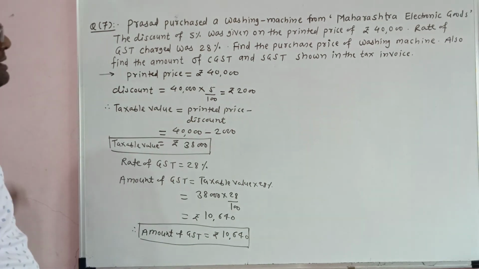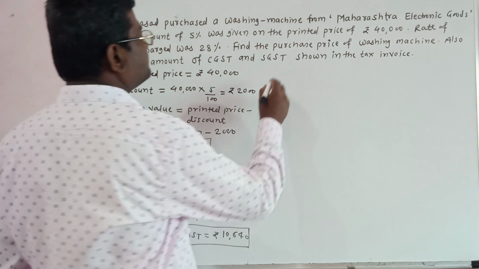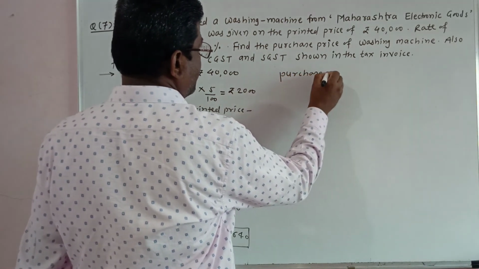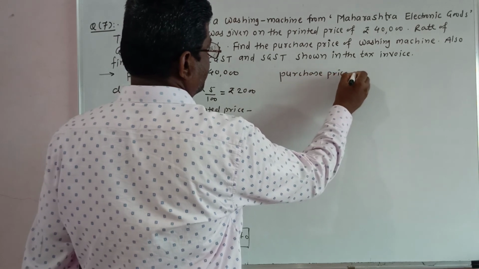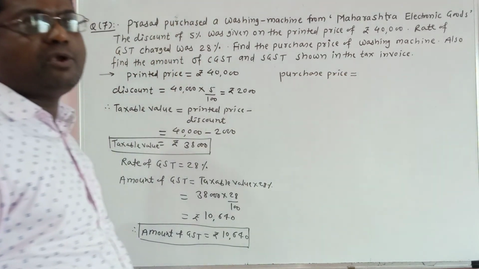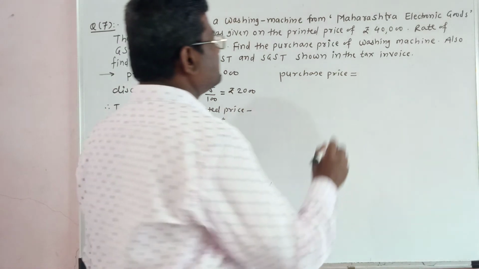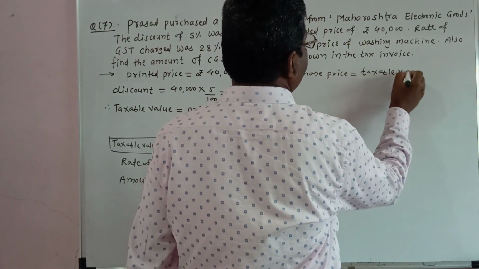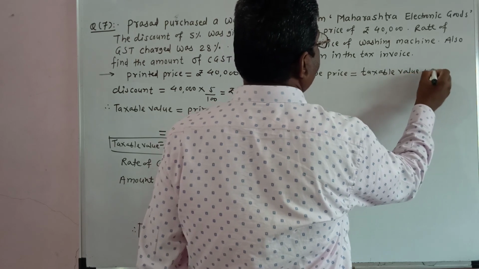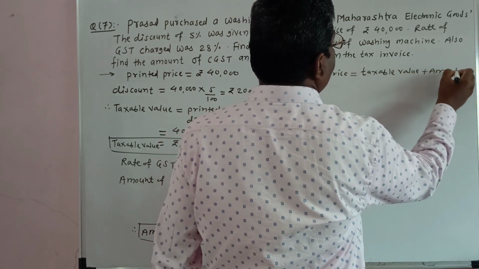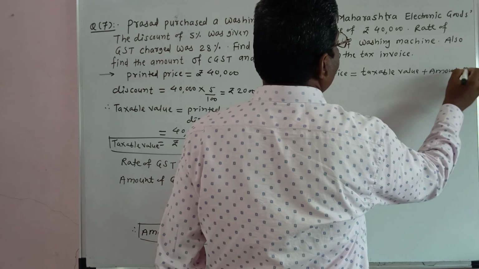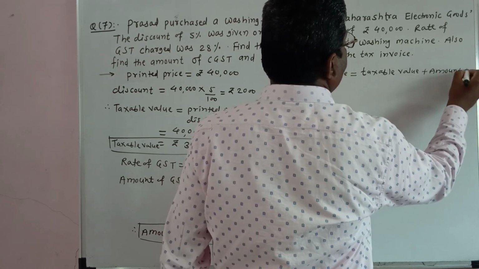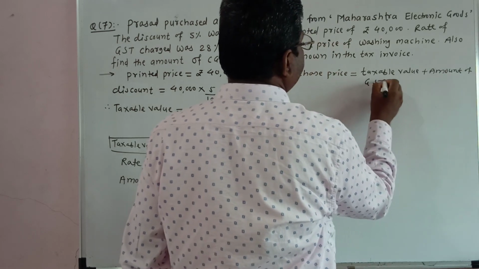Now let's find the purchase price. Purchase price is equal to taxable value plus amount of GST.